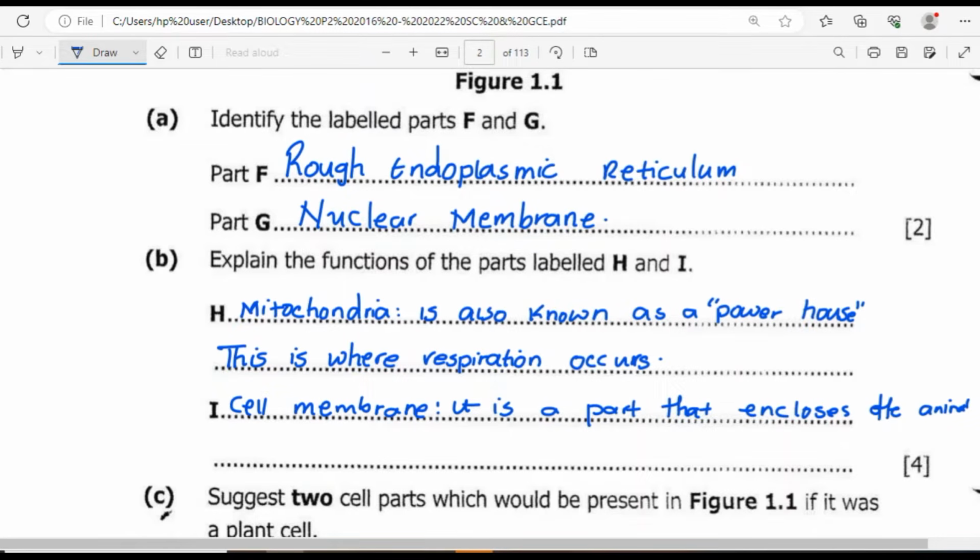It will make sure that those substances that are not needed never enter the cell. So say it allows some substances to go in and out of the cell.